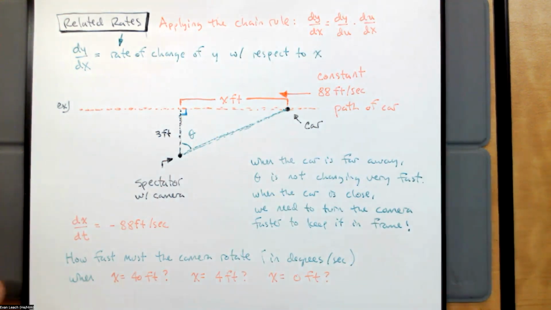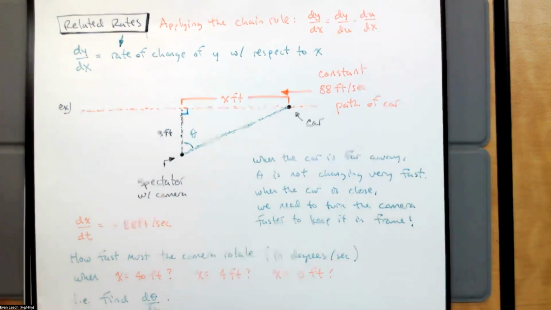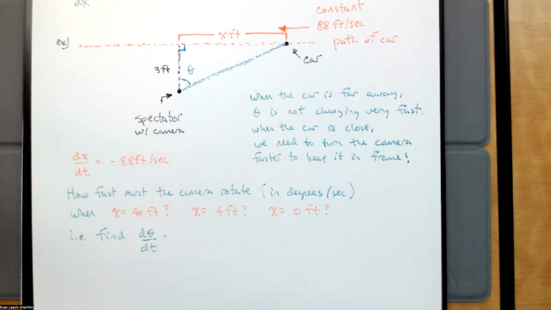So we're asking what is dθ/dt? That is, we're trying to find dθ/dt. I know that dx/dt is negative 88, and I want to calculate dθ/dt.